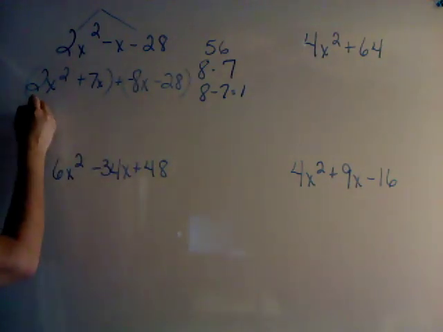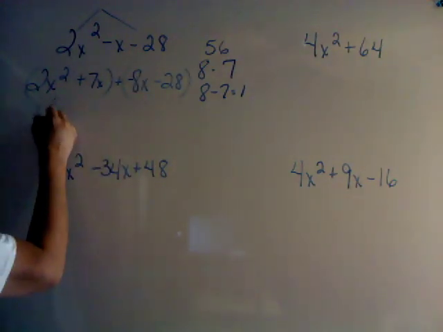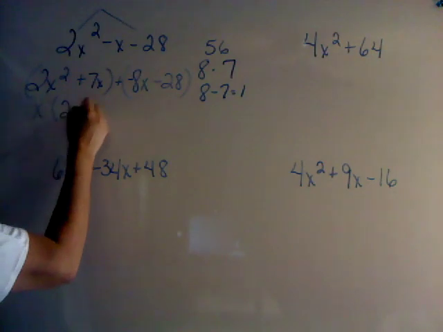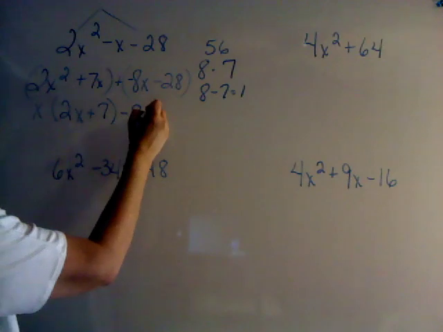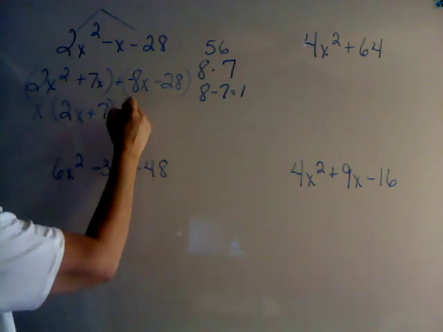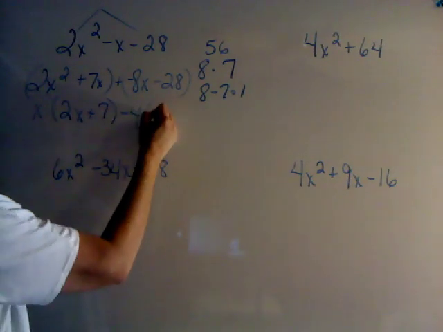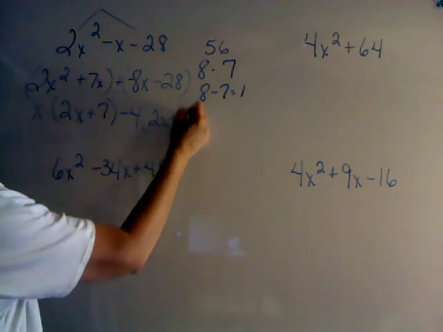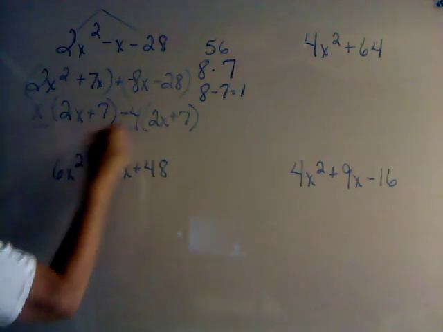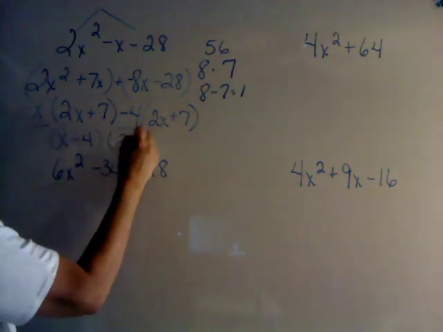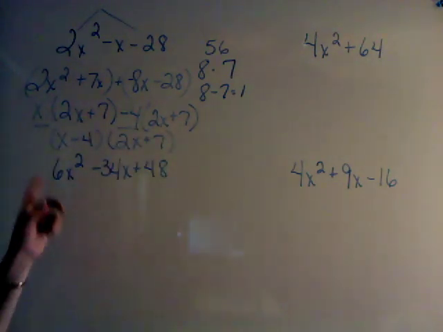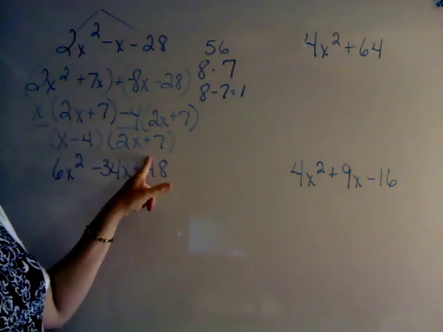Over here I'm going to pull out an x, leaving me with 2x plus 7. And then I'm going to take out a negative 4, which would leave me 2x plus 7. And then I group them together, x minus 4 times 2x plus 7, and then I have factored this polynomial completely.